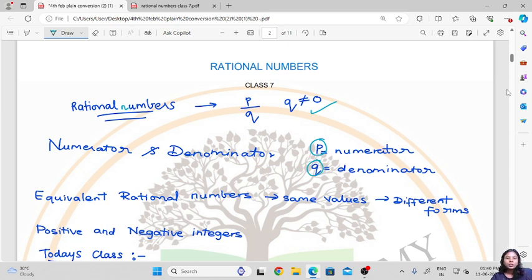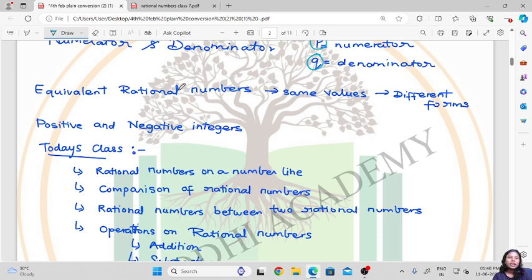Further, we also learned something about equivalent rational numbers. When I say equivalent rational numbers, their final values remain the same, but they can be expressed in different forms. We also saw positive rational numbers and negative rational numbers.